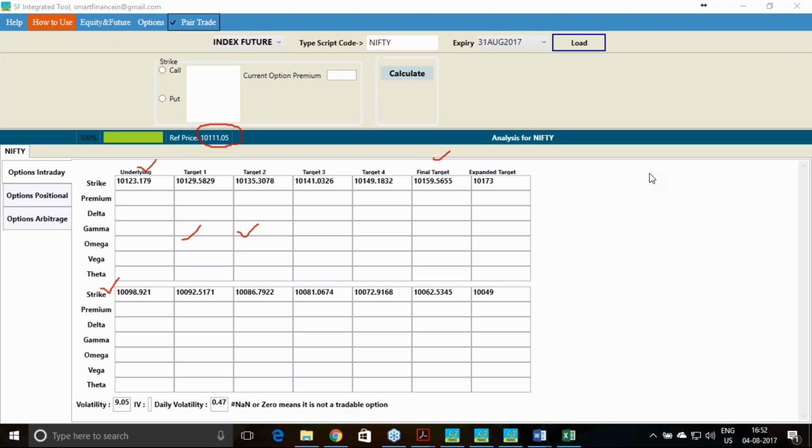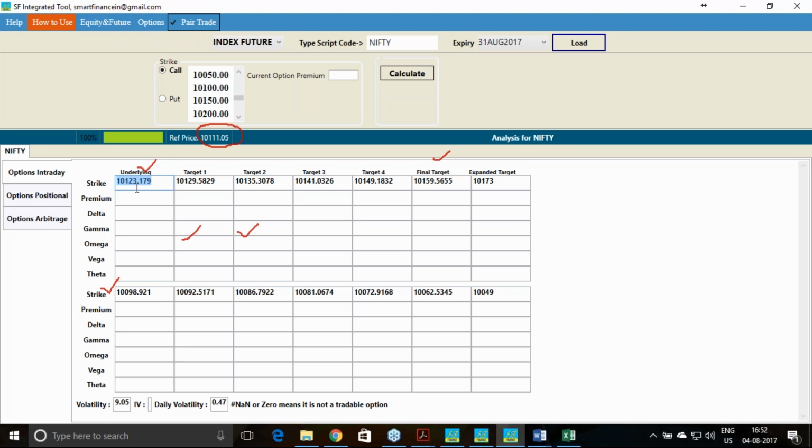So suppose it is giving 10,123 above. If Nifty goes into an uptrend above 10,123, which strike should I buy?